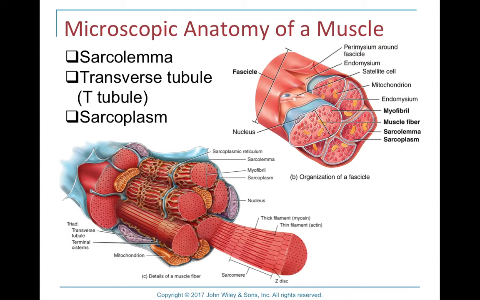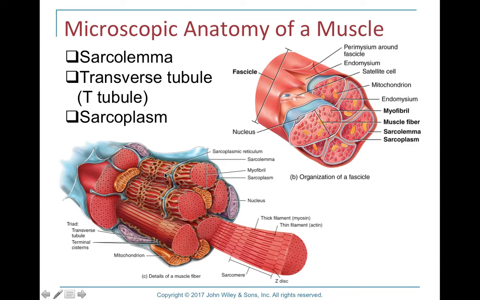And then we have a triad here that is made up of the T-tubule and the terminal cisternae on either side of it. The terminal cisterna is what we call the dilated end of the sarcoplasmic reticulum.